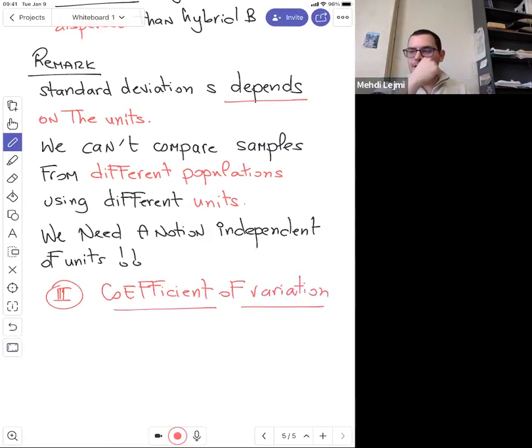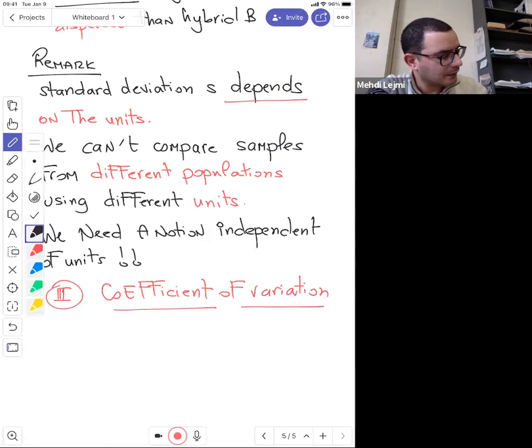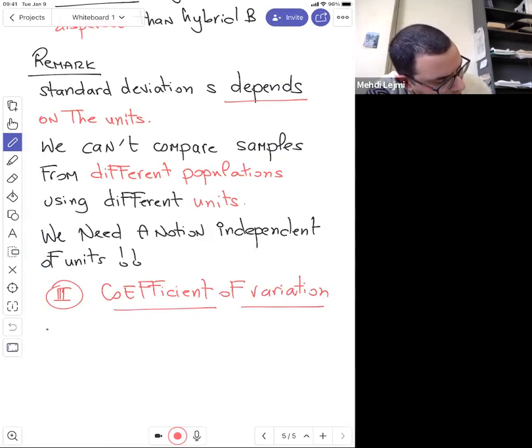The thing about the coefficient of variation is that, unlike the standard deviation, it is going to be independent of units. So then you can compare measurements of different populations using different units, okay?